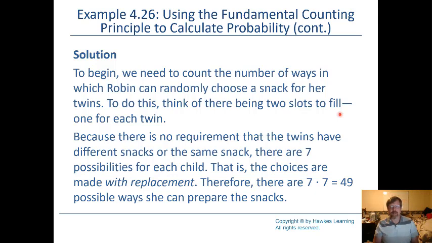There are 7 possibilities for each child. The choices are made with replacement. The implication of that is that there is enough of all 7 of these that she's not going to run out before she can give something to the second child. So there are 7 times 7, or 49 possible ways she can prepare the snacks.